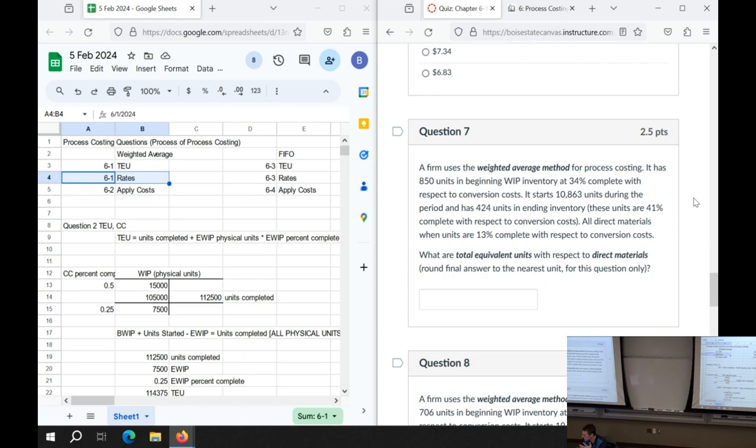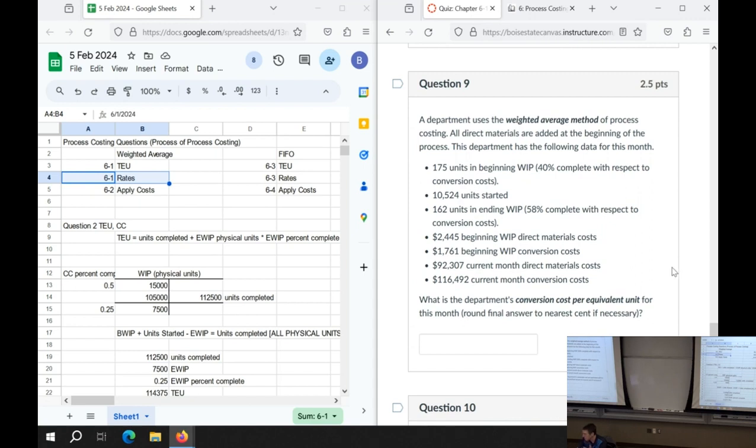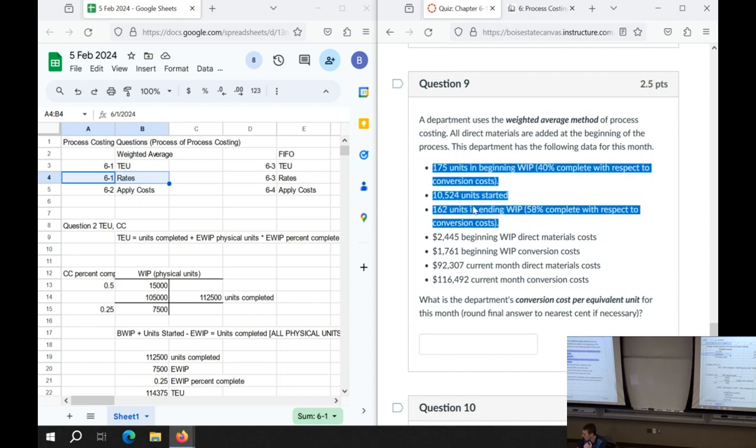For example, here, I give you enough info to figure out TEU right here. That's enough to build a little T account for WIP units and figure out units completed and ending work in process with respect to conversion costs for this question and get TEU with the denominator.